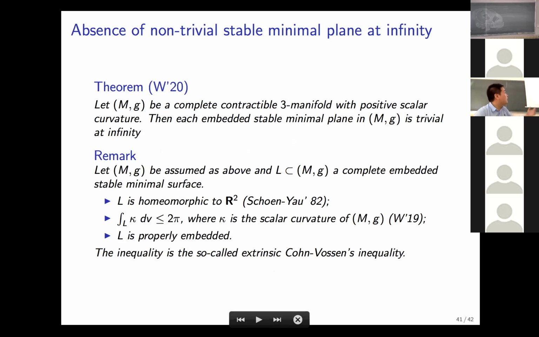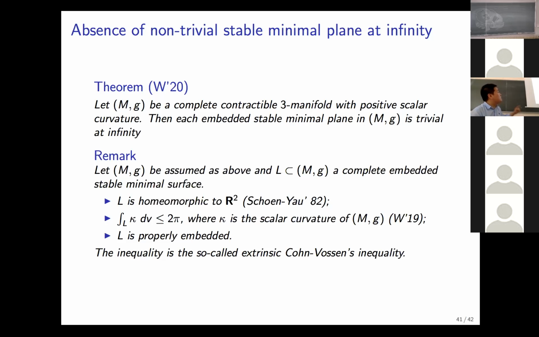Actually, we can talk about how to get these results. First, let me make some remarks. If M is a complete contractible 3-manifold and L is a complete embedded stable minimal surface, this surface is connected, it just has one component.